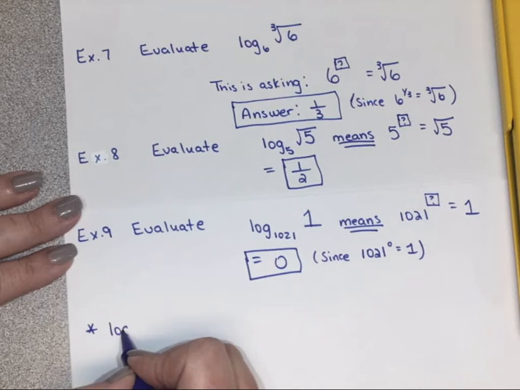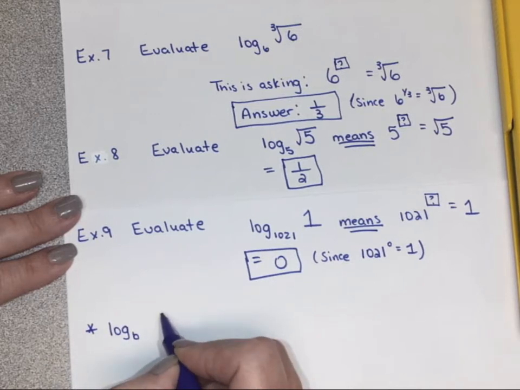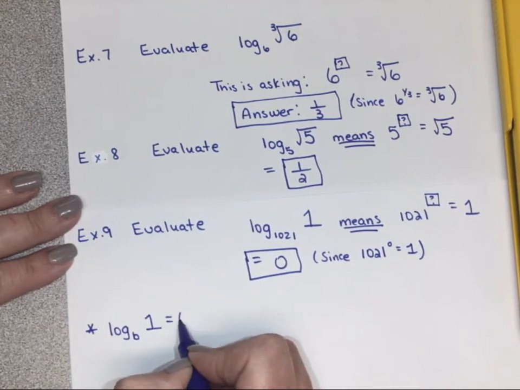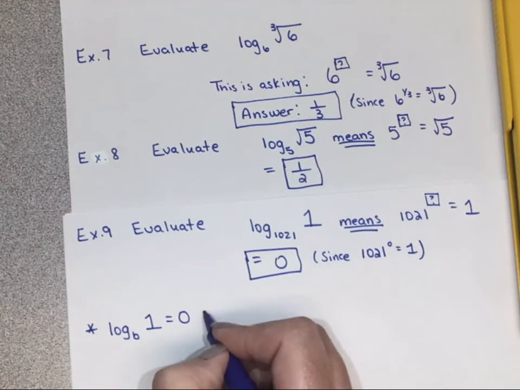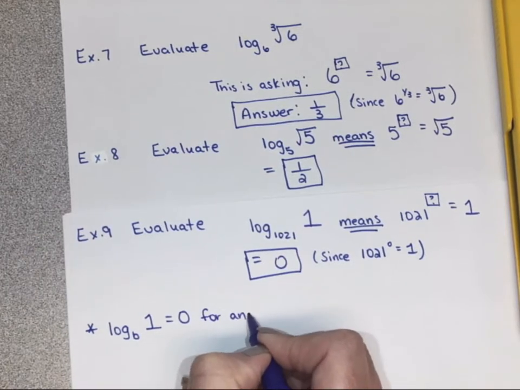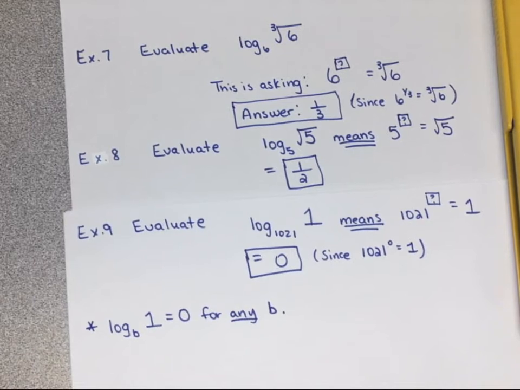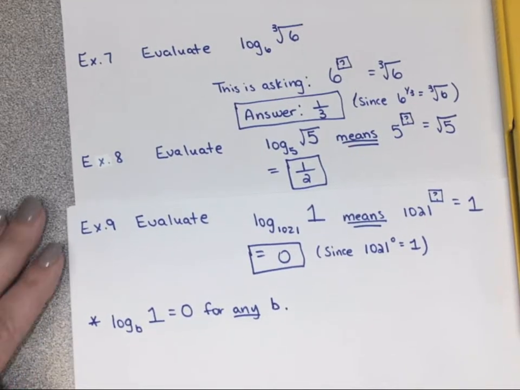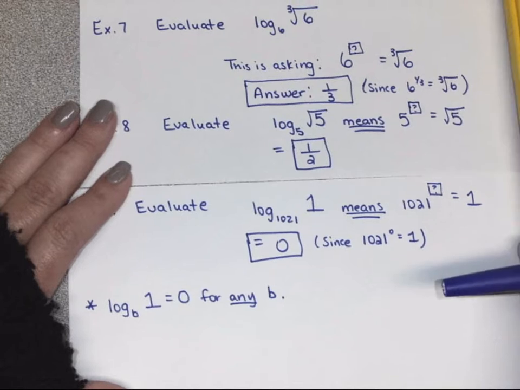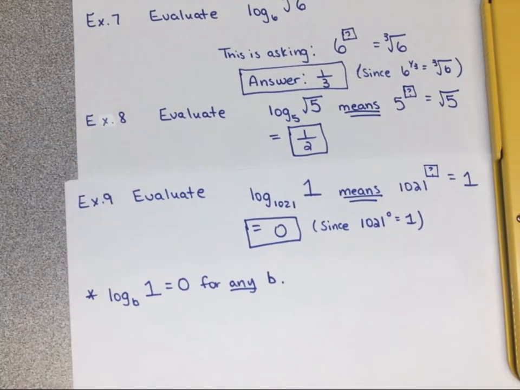And in fact, the log base any b at all of 1 is always 0, okay? And this works for any base, because any base to the 0 power will always be 1, okay? So that's a rule that I want you to know, but to be honest, I'd rather you not just straight up memorize it.